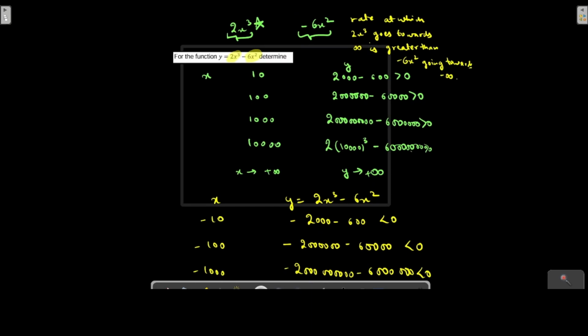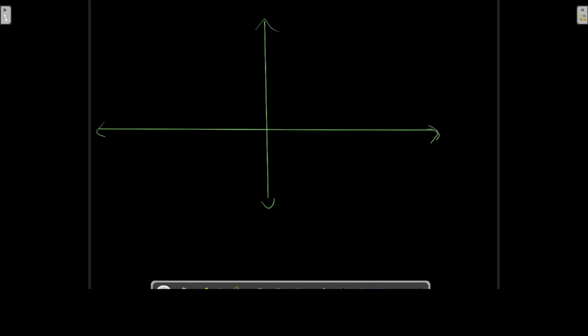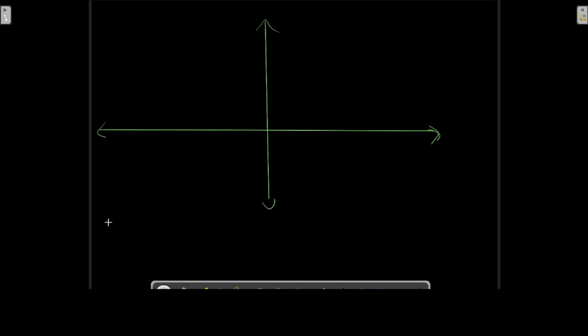So we have all the 4 parts together, right? A, B, C, D. Okay, let's go and plot E. Let's draw it. So it's coming from negative infinity and it is going on the positive side, right?